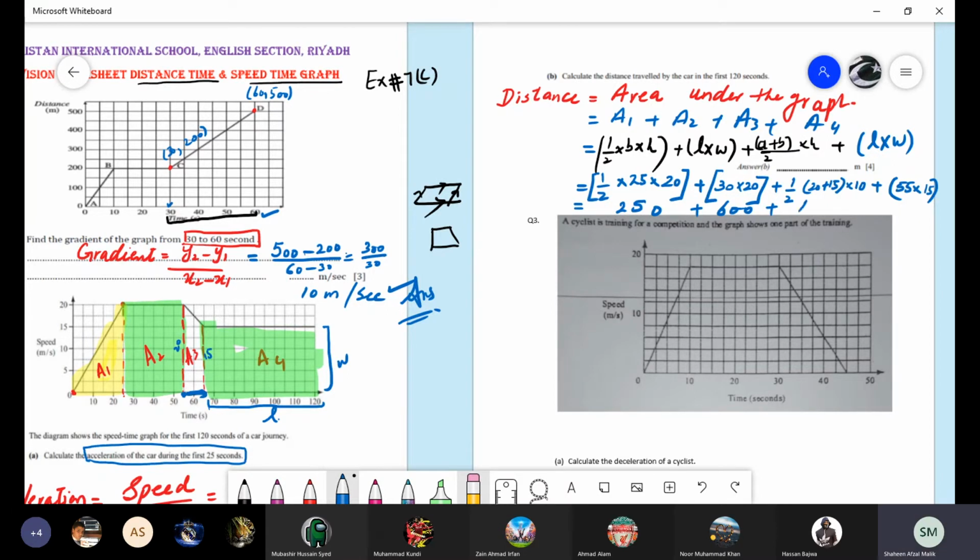Is it 175? Plus 55 times 15 is 825. Add all the values, that will be the final answer: 250 plus 600 plus 175 plus 825.